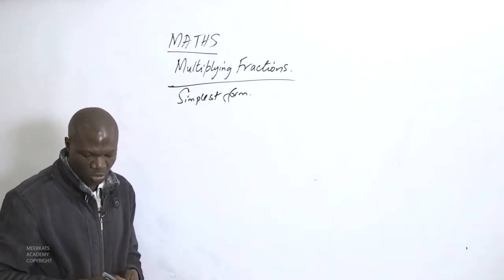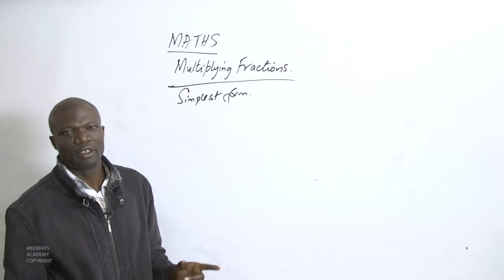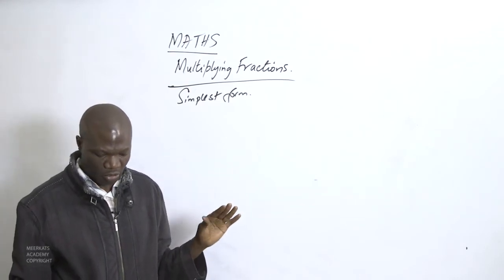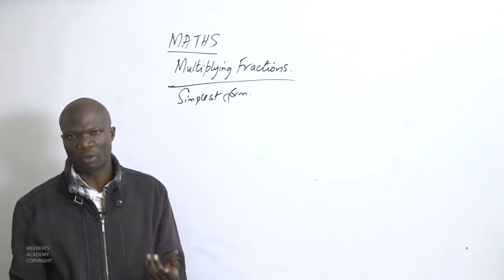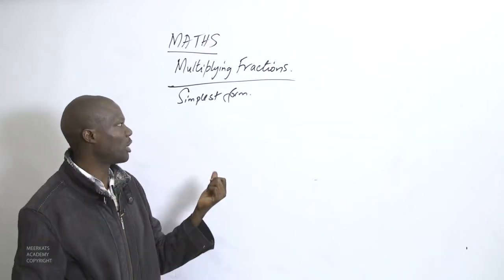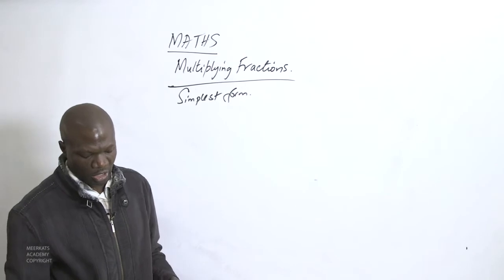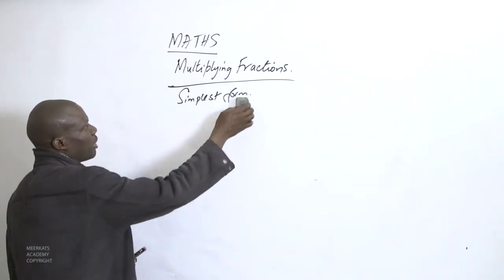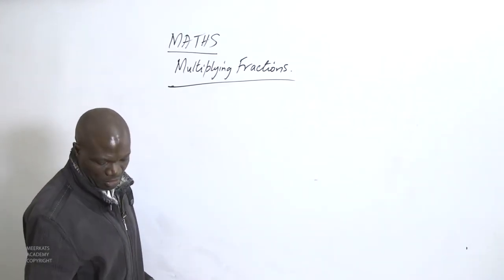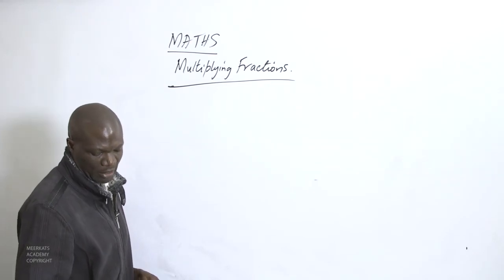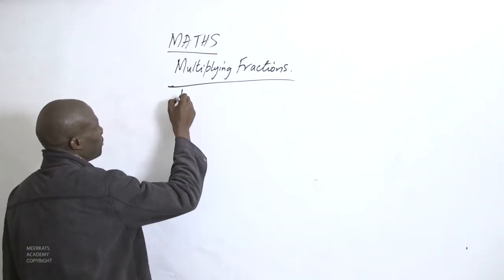So as we go through the work today, take note of those points that we've gone through, and those are the points we're going to apply. But final answers must always be in the simplest form. So let us start by looking at questions that touch on finding a simple fraction of a quantity.